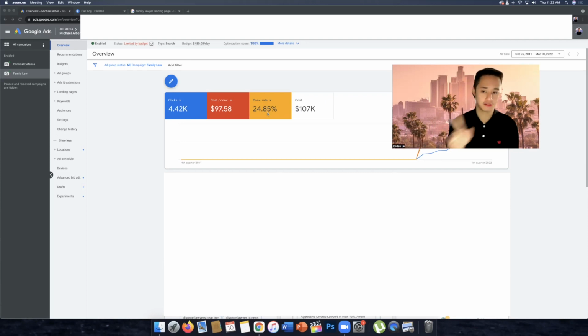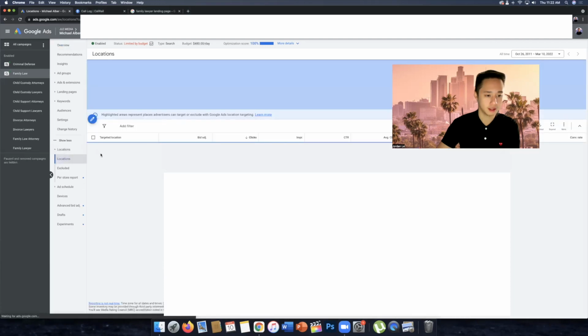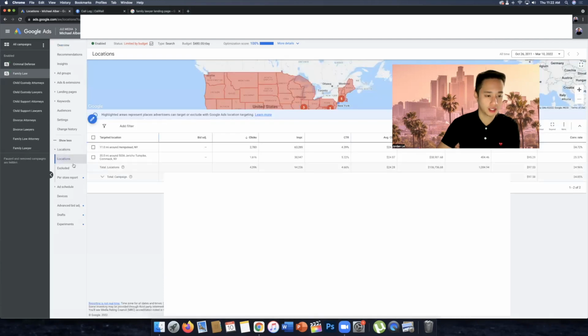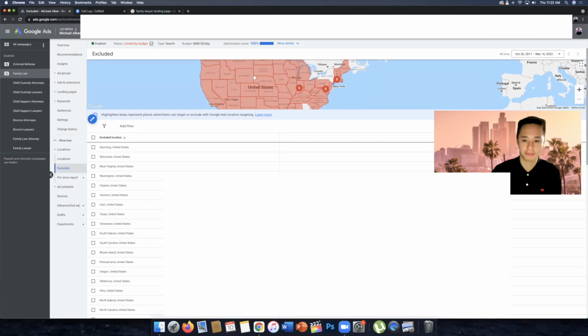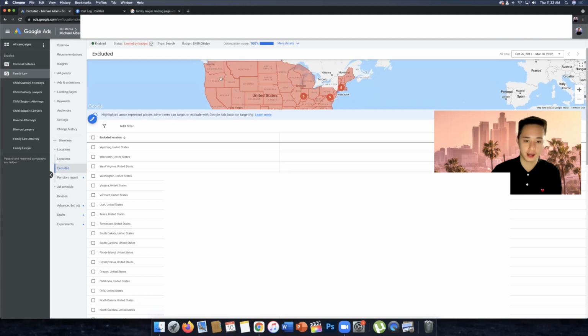All right, so I'm going to address the first part. The first objection is probably I'm getting out-of-area calls, from cities that you don't cover. So I'll actually throw you a tip here. We're going to go into locations, and what we're going to do is go into the excluded locations. Notice that you can see the whole entire US is blocked out, right?